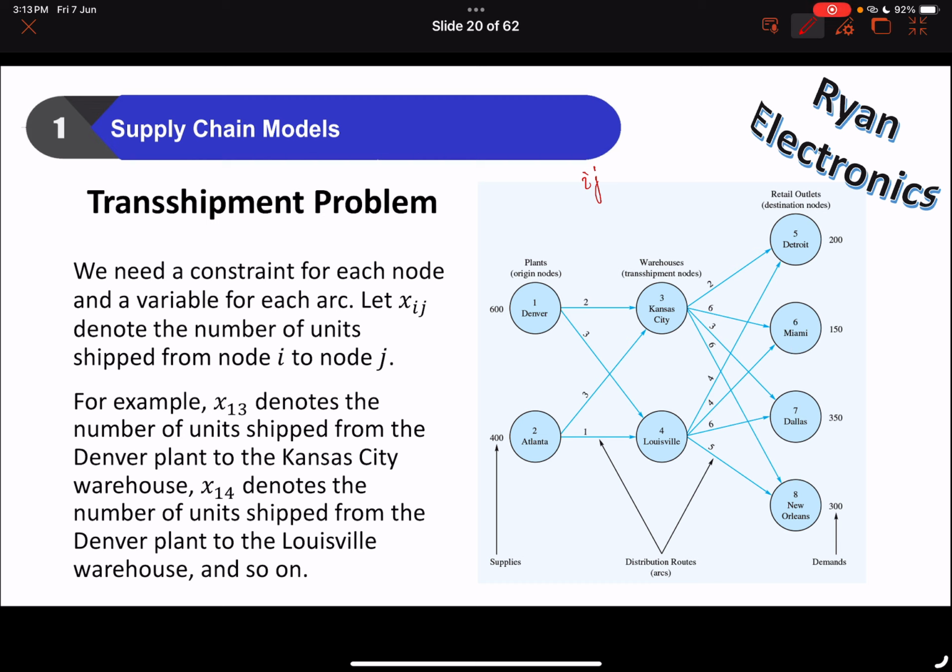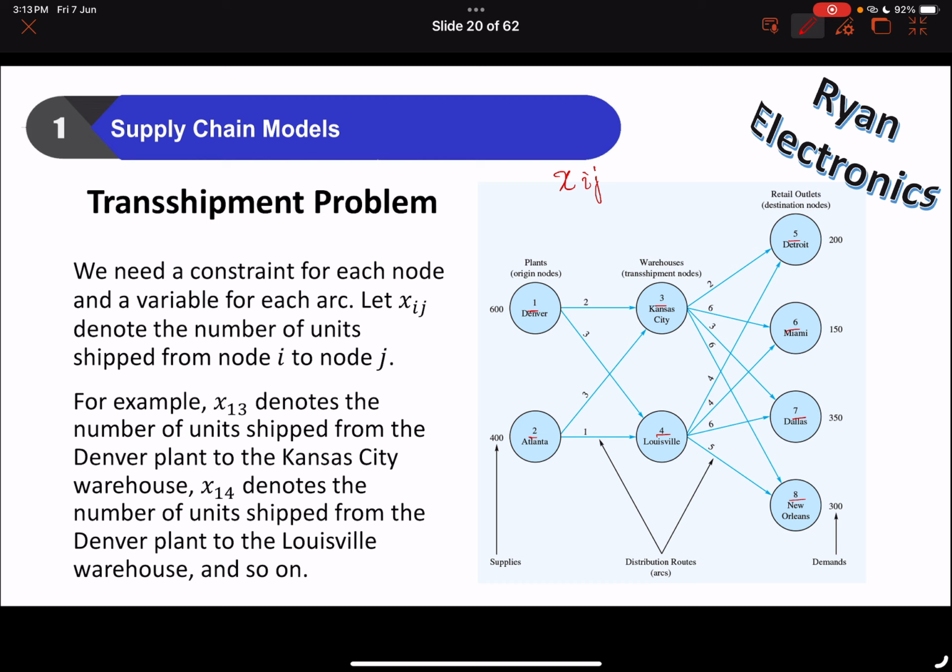So the nodes are now numbered numerically in ascending order. You start off with the smallest, 1, 2, then 3, 4, and the destinations are 5, 6, 7, and 8.